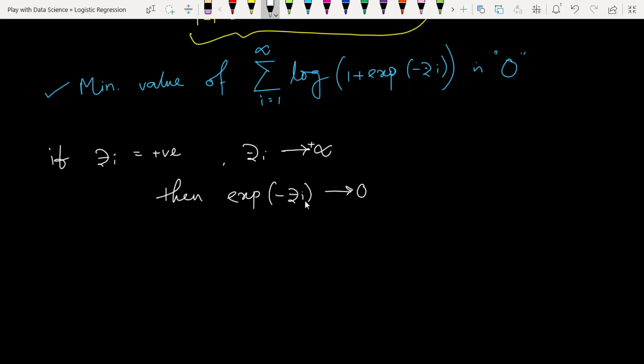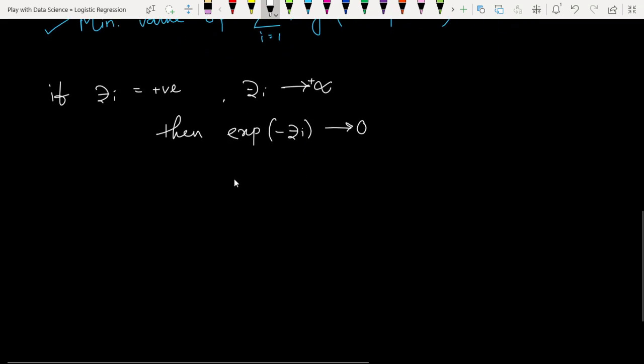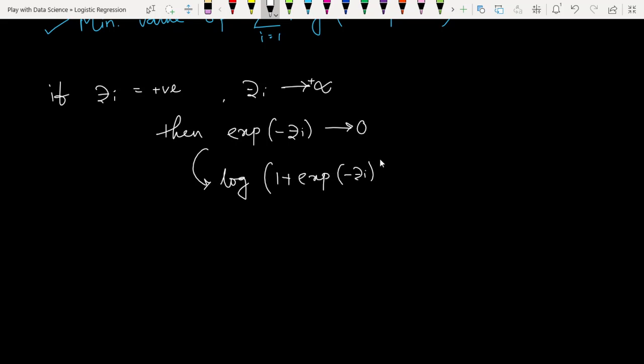Just see it from our picture. Then from here we can conclude that log of 1 plus exponential of minus zi tends to 0.